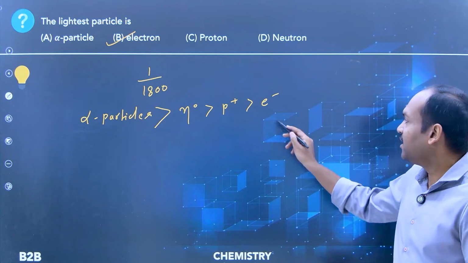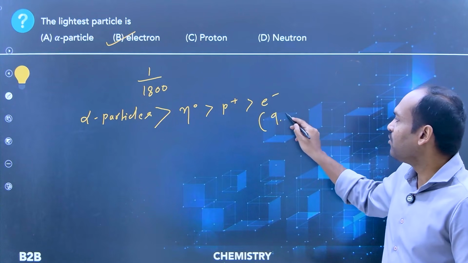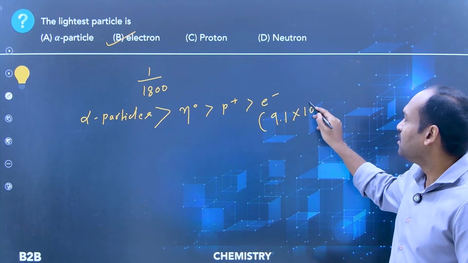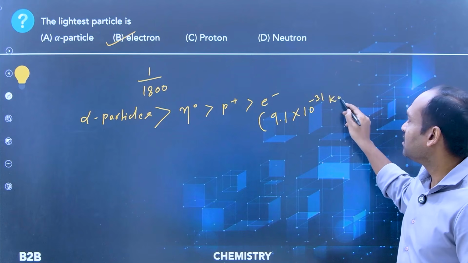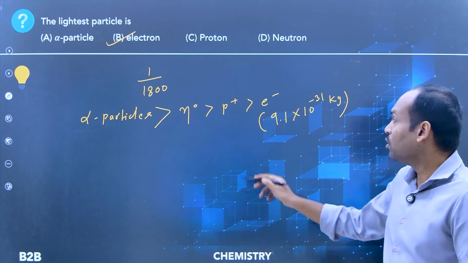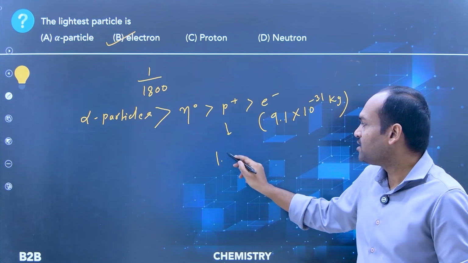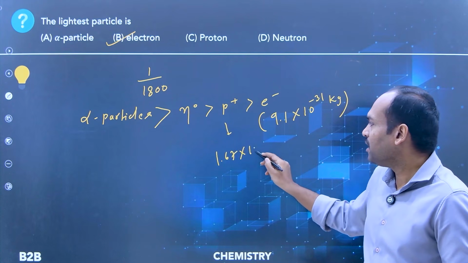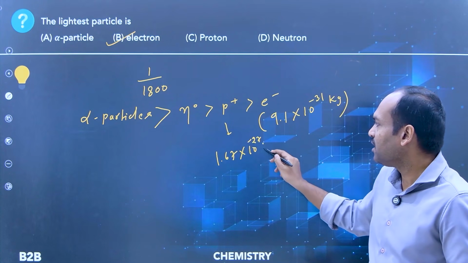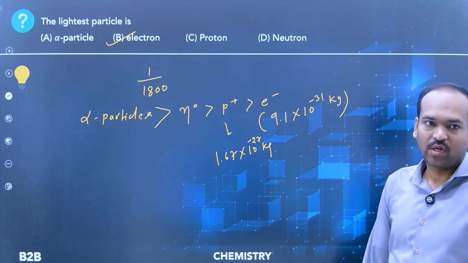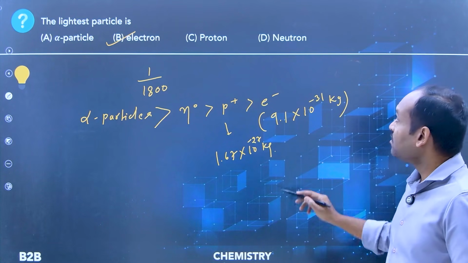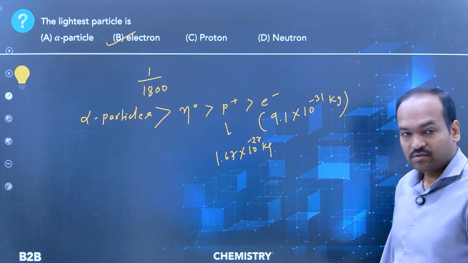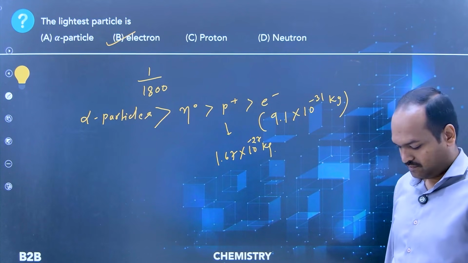If you remember the data, the electron mass is 9.1 into 10 power minus 31 kg, where proton mass is 1.67 into 10 power minus 27 kg. So the lightest particle is the electron. Clear?